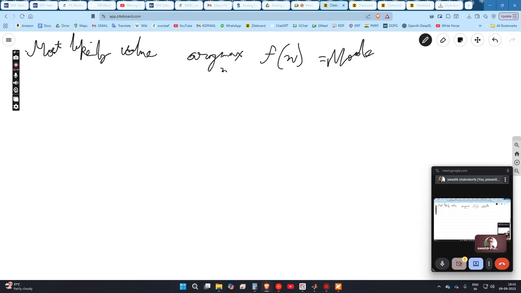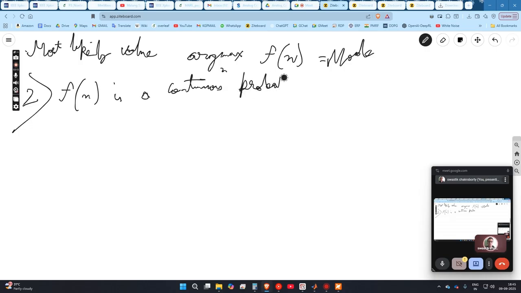Next problem: what is the probability that a continuous random variable takes any specific value? Here, in question number 2, fx is a continuous probability distribution.